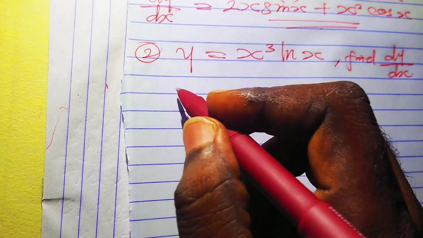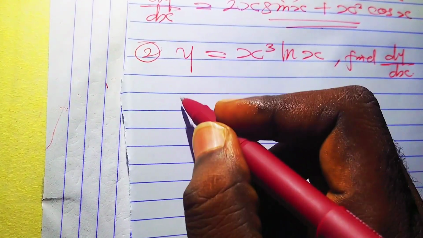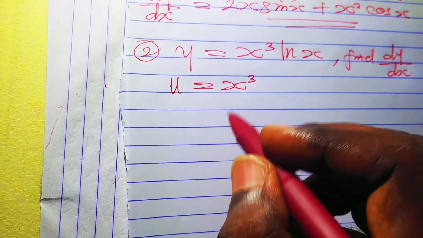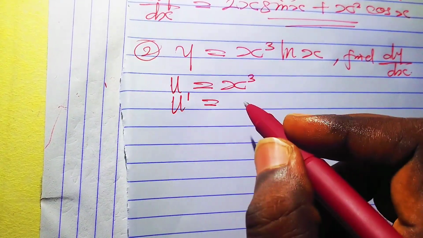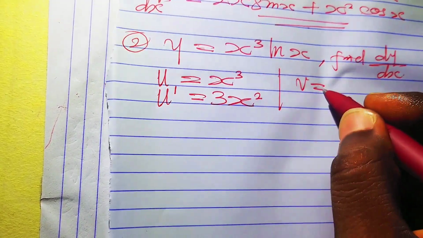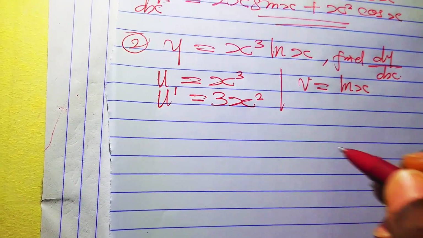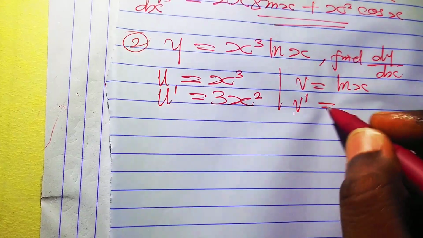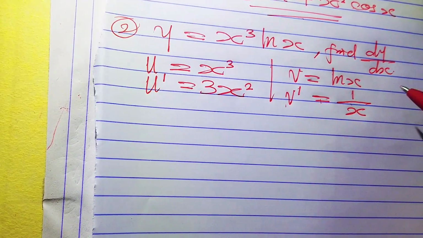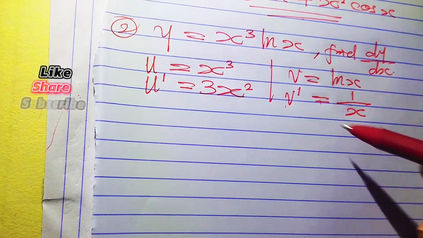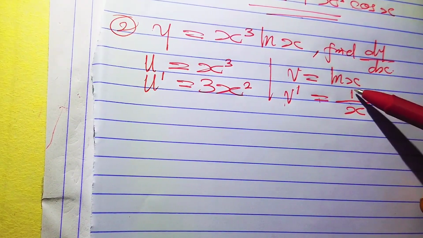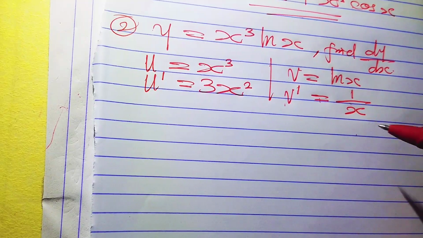So we can represent x cubed with u, so u equals x cubed, and then u prime is going to be 3x squared. In the same vein, v equals ln x, so v prime is going to be 1 over x. I refer you back to my last video where I discussed briefly how to differentiate the natural logarithm, that is, the differential value of ln x, which is 1 over x itself.